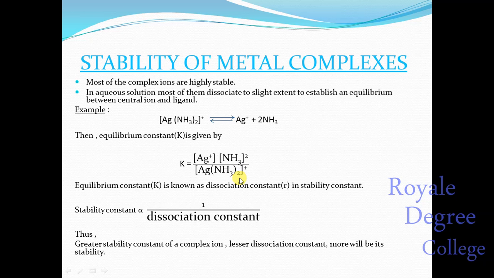So the equilibrium constant K is known as the dissociation constant, which is indicated with K in stability constant. So stability constant is inversely proportional to dissociation constant. Thus, the greater the stability constant of a complex ion, the lesser the dissociation constant, so more will be its stability. If the stability constant of a complex ion is lesser, the dissociation constant is greater, and lesser will be its stability.